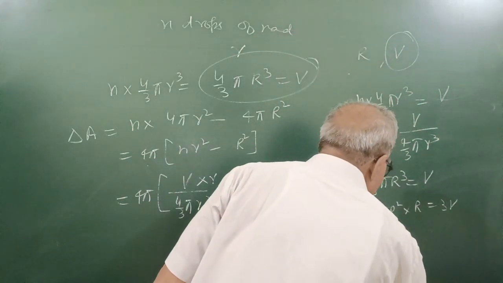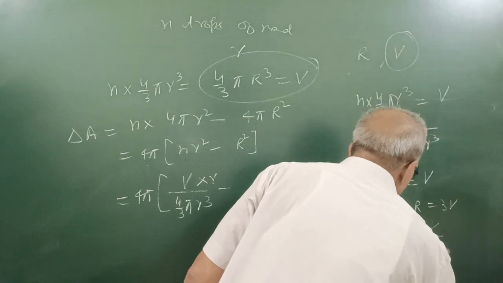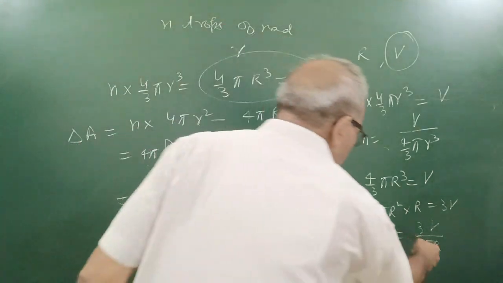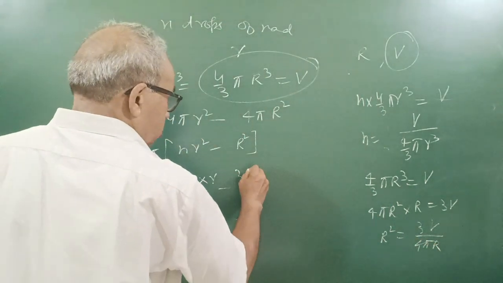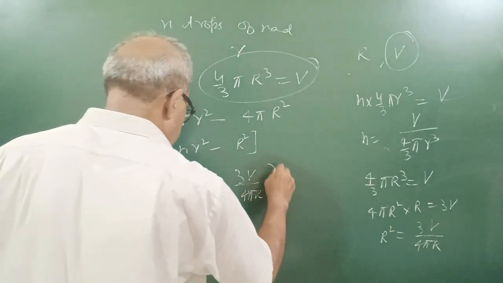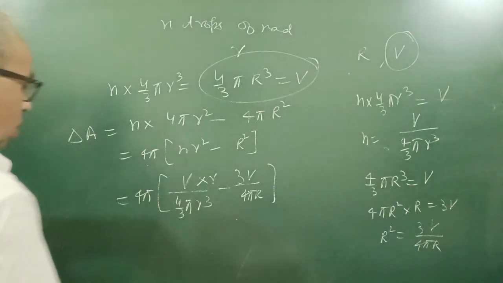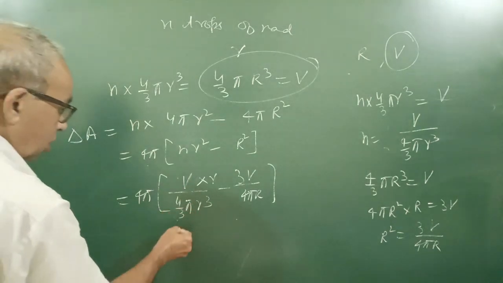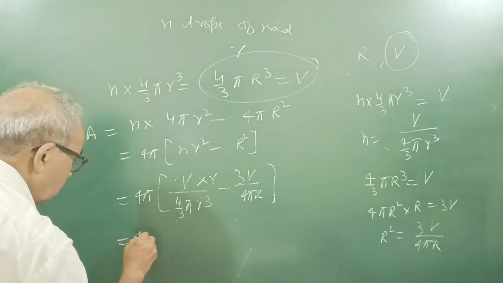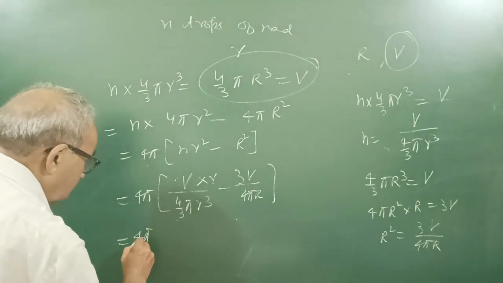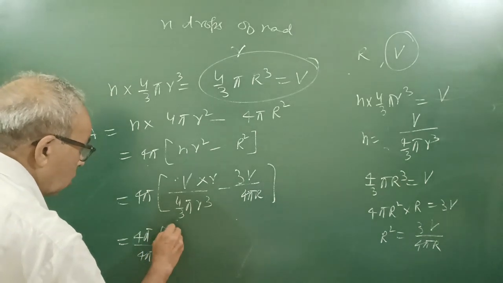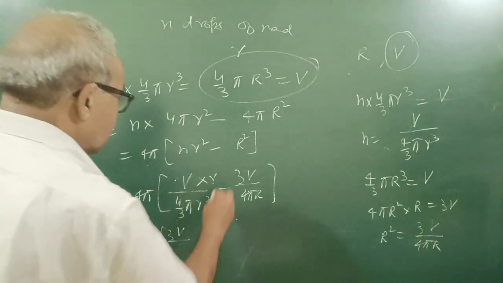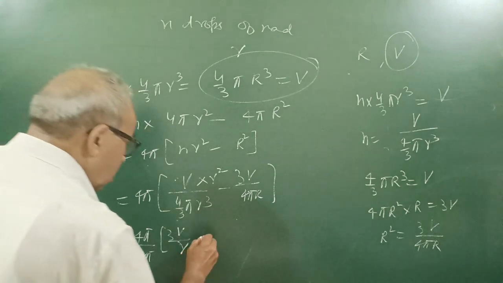From here R square equals 3V upon 4 pi R. So putting this value of R square here, what will we get? 3V upon 4 pi R, 4 pi common. 4 pi upon 4 pi into 3V upon r, sorry, r square was there here, upon r minus V upon R.